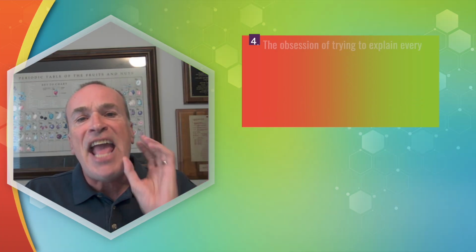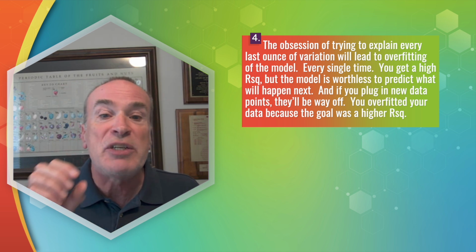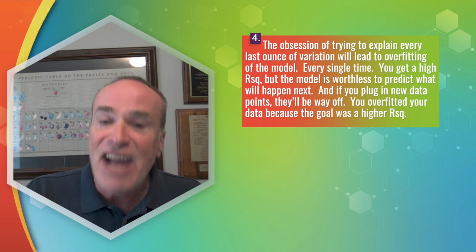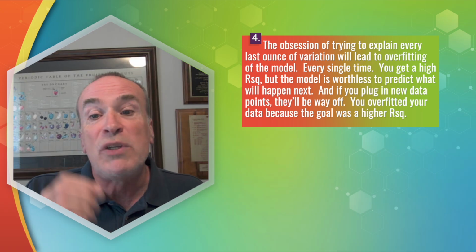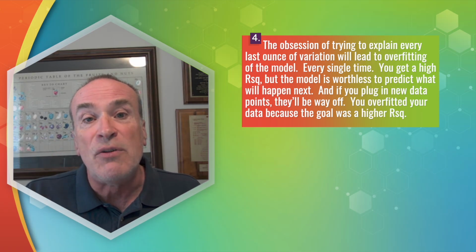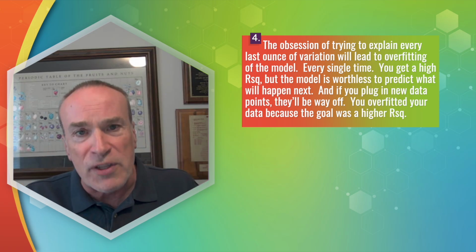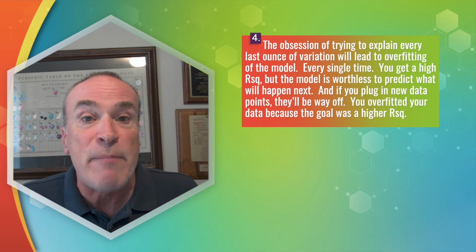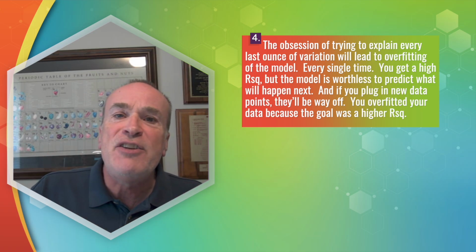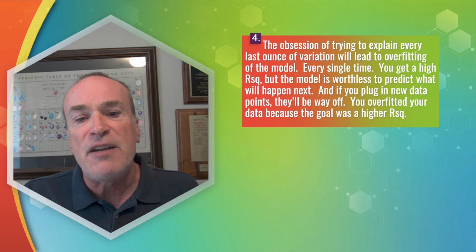And finally, and most importantly, the obsession of trying to explain every last ounce of variation will lead to overfitting of the model every single time. You get that high R squared, but the model is worthless to predict what will happen next. And if you plug in new data points, they'll be way off. You overfitted your data because the goal was a higher R squared.